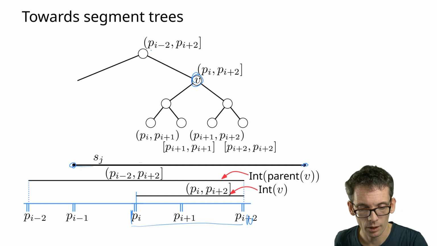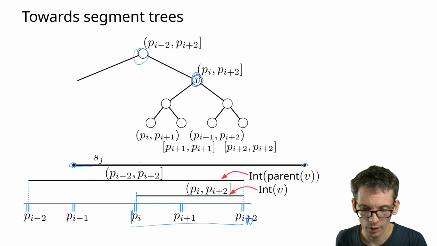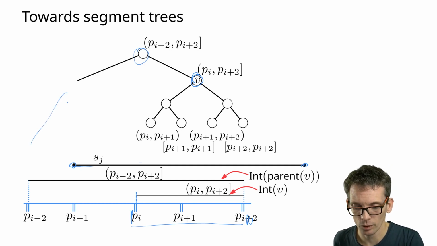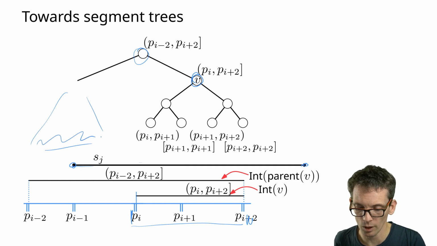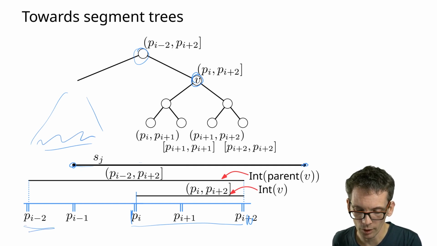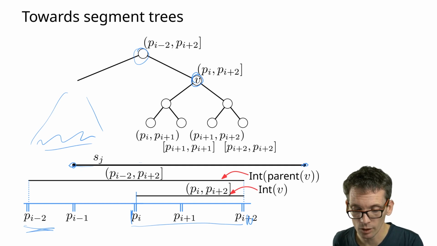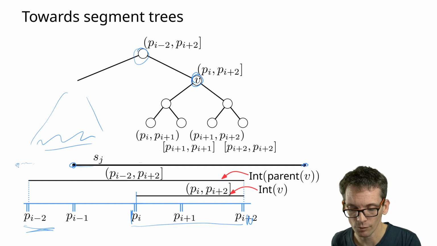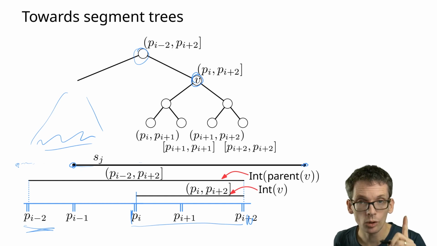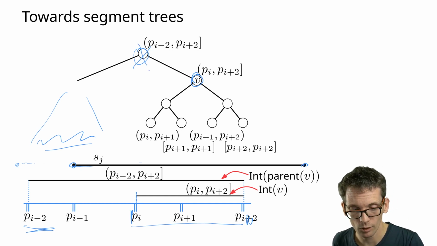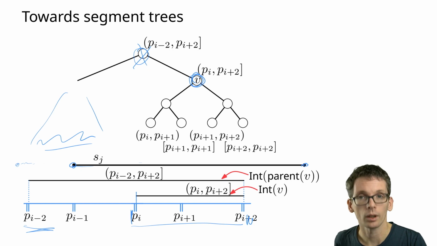The parent here is this node. The interval of that parent, which includes things from that subtree down over here, goes up to pi minus 2. So Sj does not cover this completely, otherwise it would have to be that long. So I cannot store Sj here, so that's not possible. So I'm going to store it at this node.